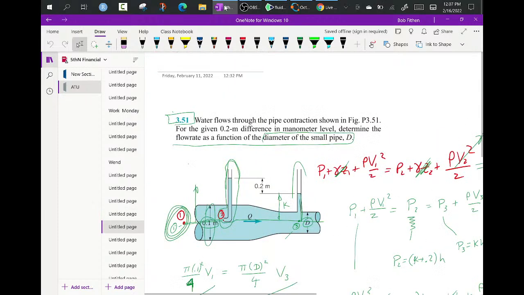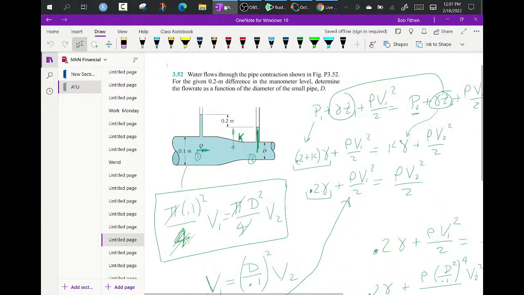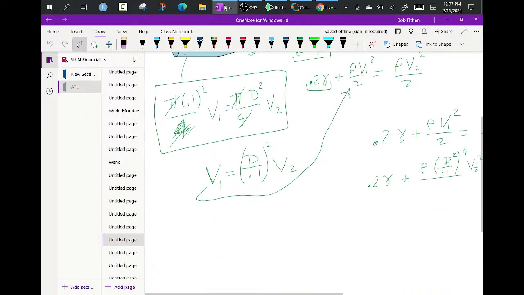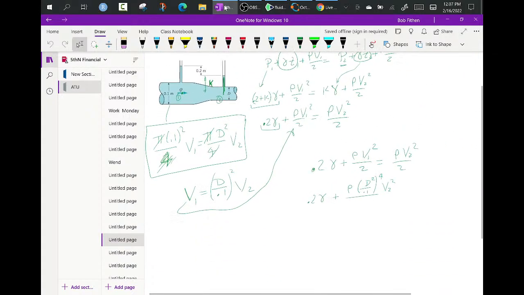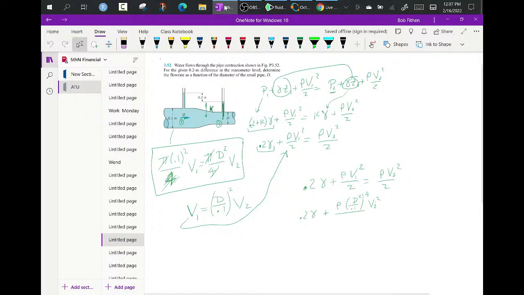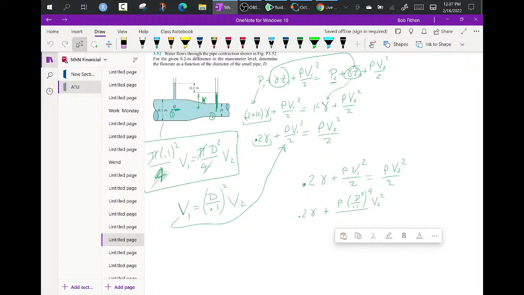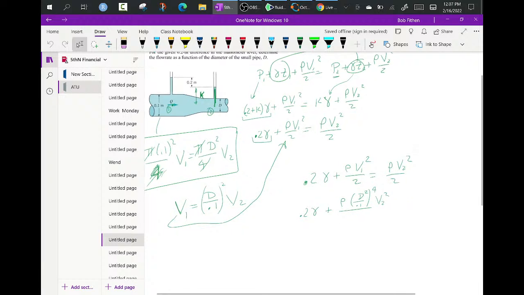No, the next one. Okay, I think I did that one already, although I did not finish it out. I guess I left it unfinished there.